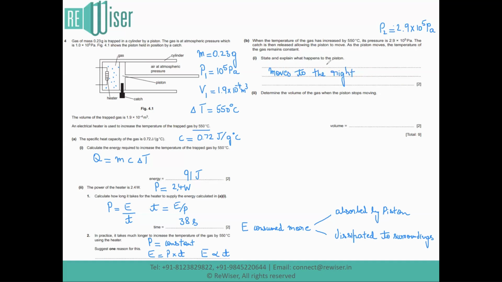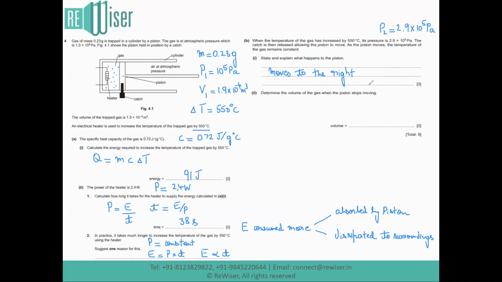Now, the piston moving to the right is a consequence of the increase in pressure. And pressure is just the force applied by the gas molecules onto the walls of the container and that of the piston. Now, the last part asks us to determine the volume of the gas when the piston stops moving.